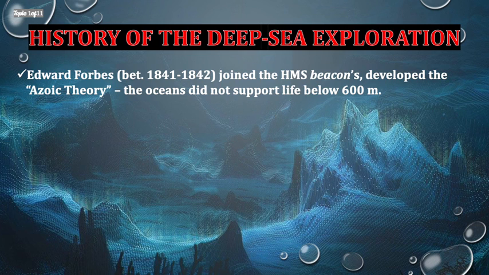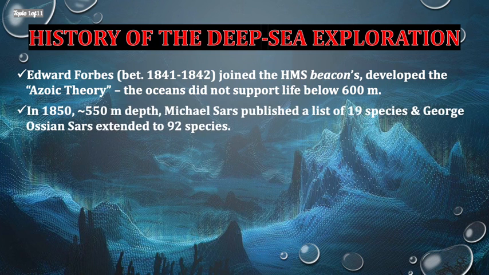This observation of Forbes became the azoic theory. Then in 1850, the Norwegian Michael Sars published the list of animals he noted below 550 meters depth, with 19 species, and then his son, Ossian Sars, extended the list to 92 species the same year.